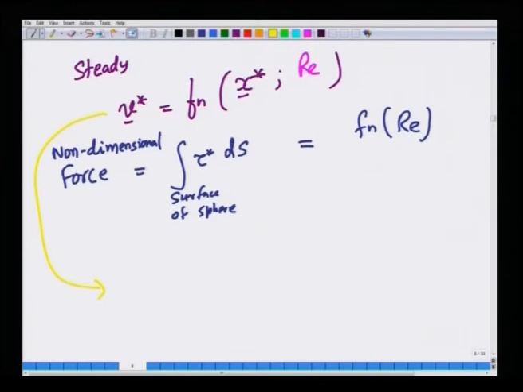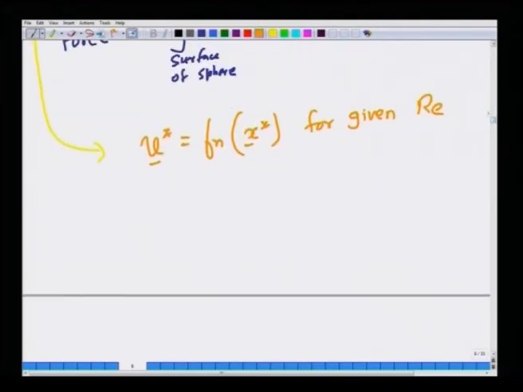at a given Reynolds number, the velocity is a function only of the non-dimensional position x star. So, what this means is that suppose I have two systems, a tiny sphere and a big sphere, and you have uniform flow past it far away with some velocity v 1, here it is v 2.